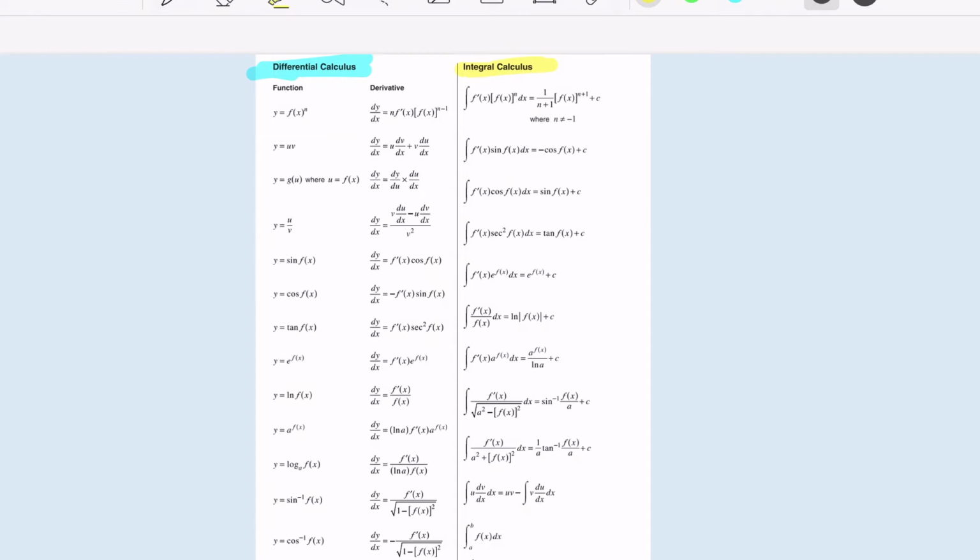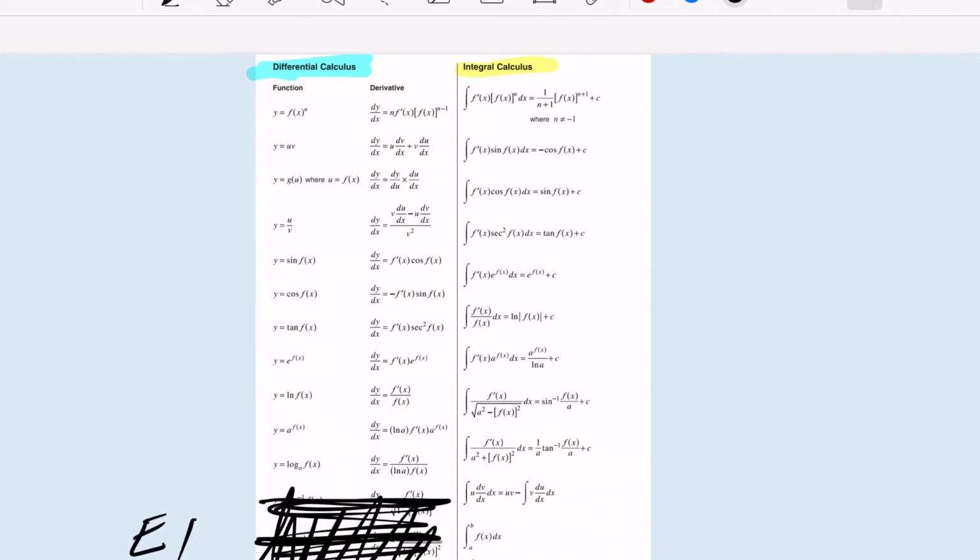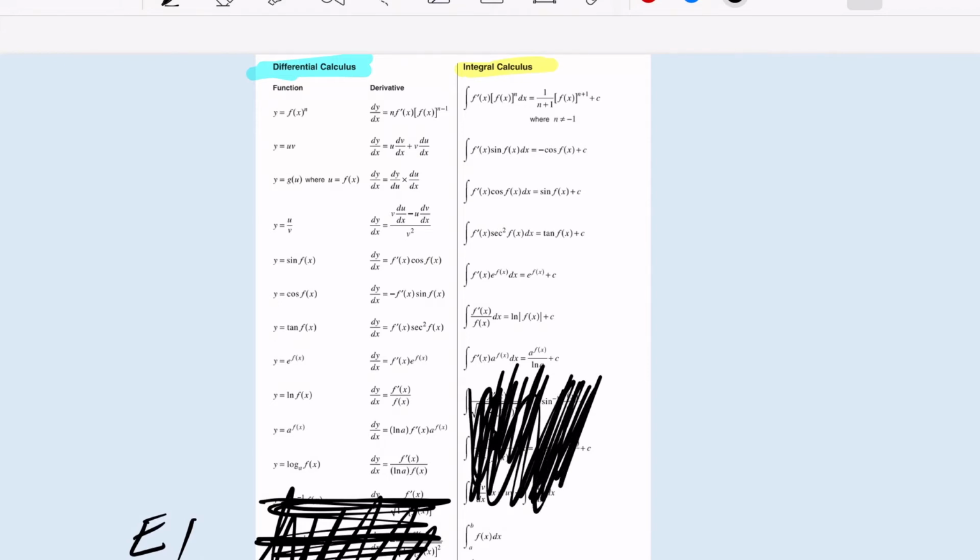Just before I start my next questions, I'm going to give you an idea of some things that you need. Quite obviously, these three formulas over here on the bottom are for E1 students, Extension 1 students. And the same on the other side, these three formulas over here are for E1 students.